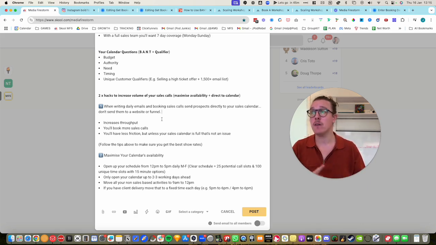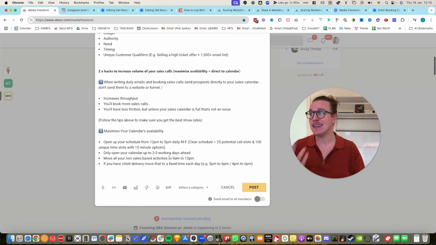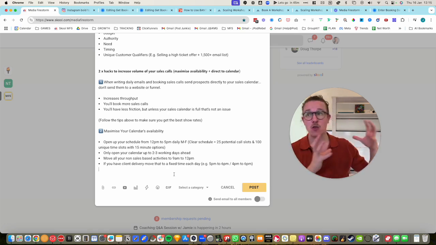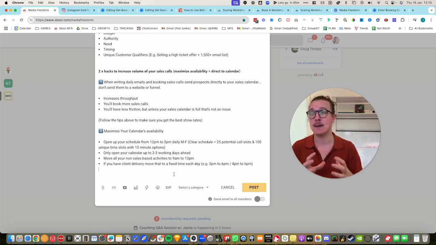So step one, send them direct to the calendar. Step two is to make sure you're maximizing your calendar's availability. Open up your schedule from 12 to 5 every day, and block off 9 till 12 so nobody can disturb you in that time. That way you get 15 hours a week of pure time working on the business, 25 hours a week of sales-based time, and then you can play around with that last hour of the day, from 5 till 6, if you need some extra time for delivering your product.